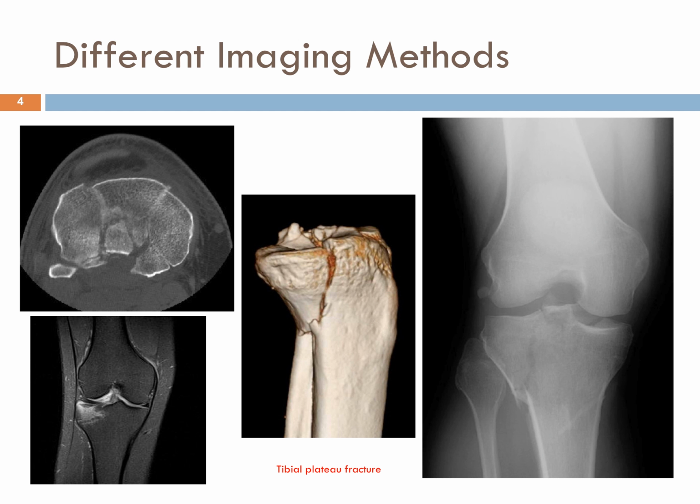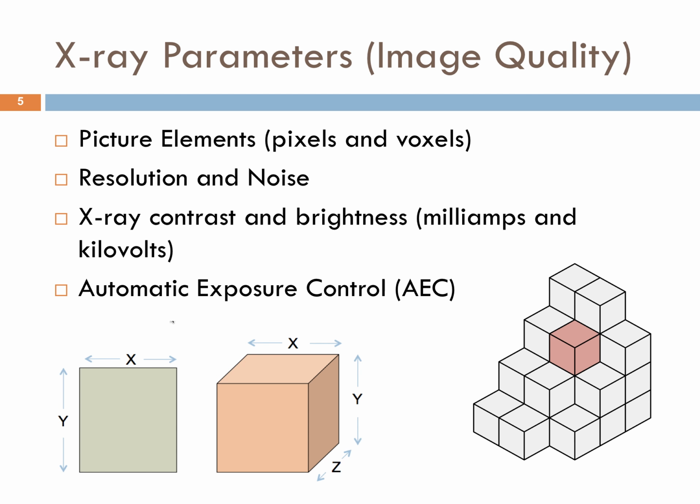When we talk about X-ray parameters, obviously, if we're doing a PA or a lateral chest X-ray, we've only got 2D, so we've got an X and Y component to our picture elements, our pixels. Once we add the third dimension, they're called voxels, and we add onto that a Z-axis.